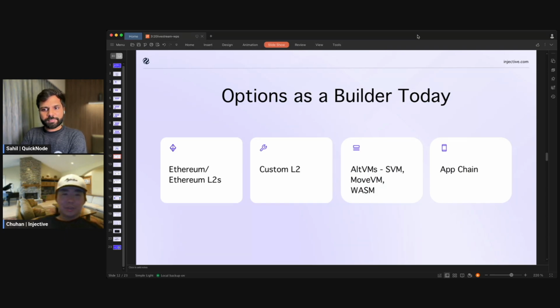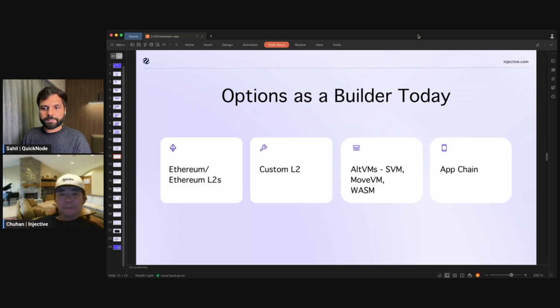It looks like there are many options to build in the Web3 world, but if you categorize them, they fall into these 4 pillars. Most will choose Ethereum or Ethereum layer 2s. Some will develop in a custom layer 2. Some will go to other VMs, like SVM, MultiVM, or just WASM. Some will develop an app chain.